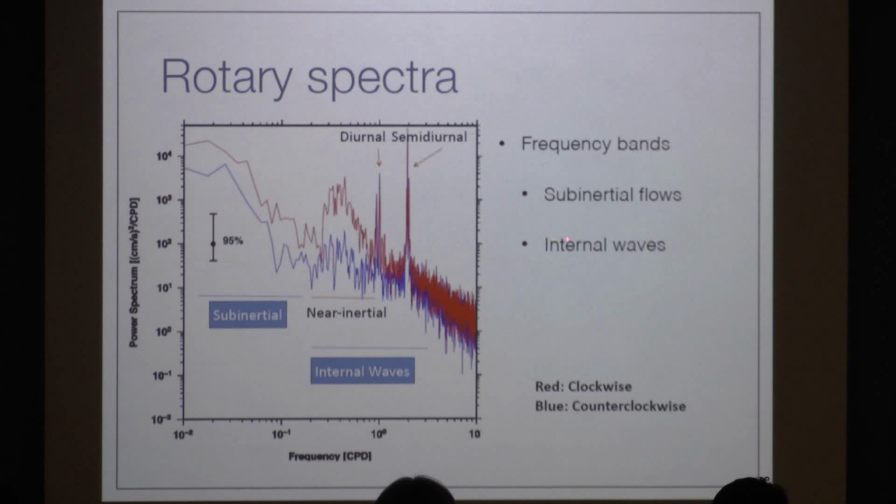It's related to the rotation of the Earth. And this part we call subinertial, basically very low frequency currents. So we want to see the relationship between this component and the mesoscale eddies, and examine whether there are relationships between these different frequency components.